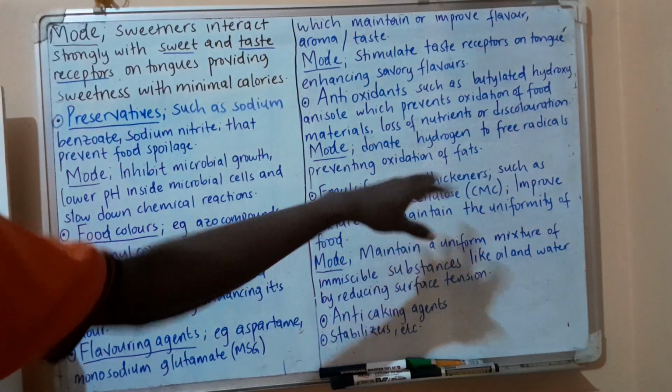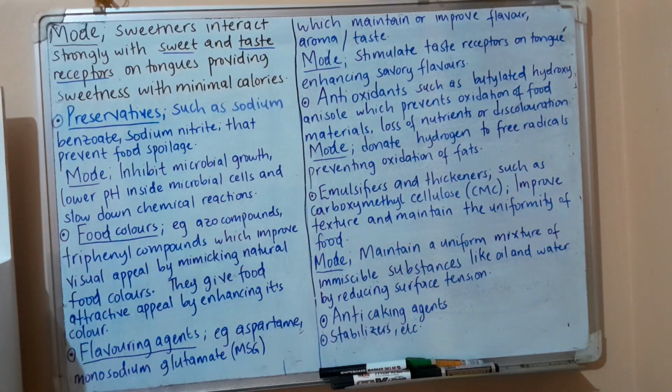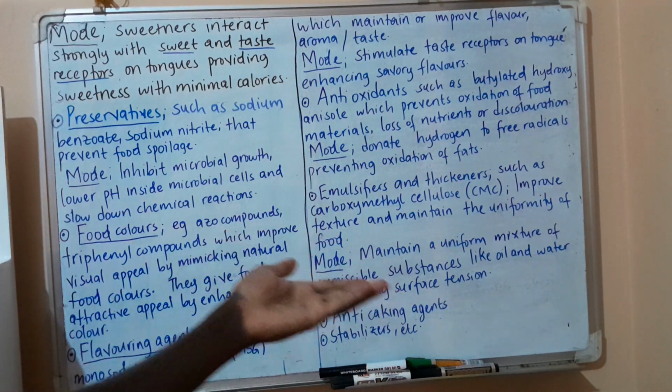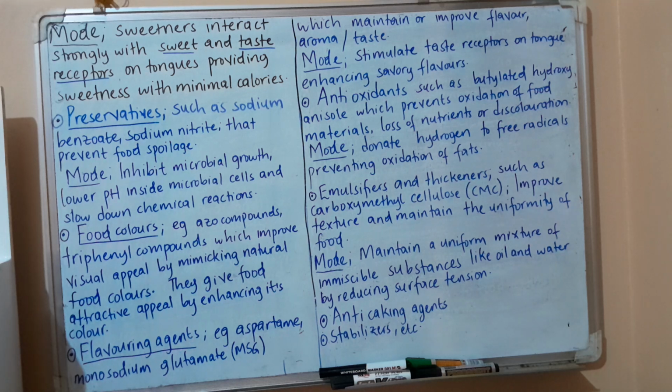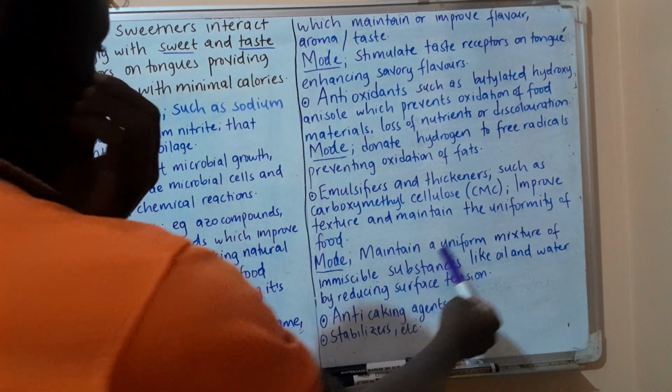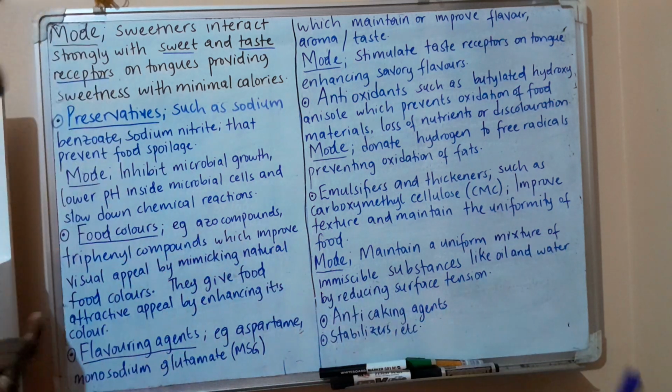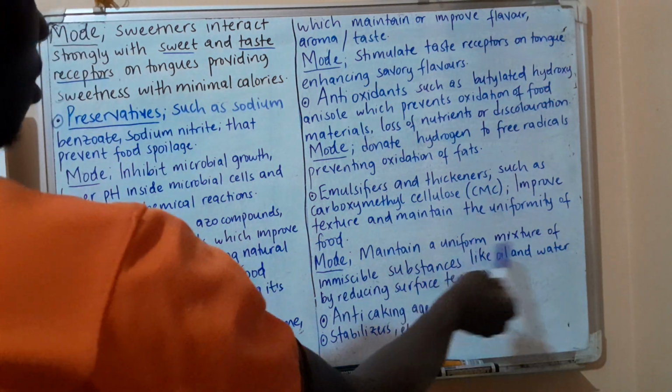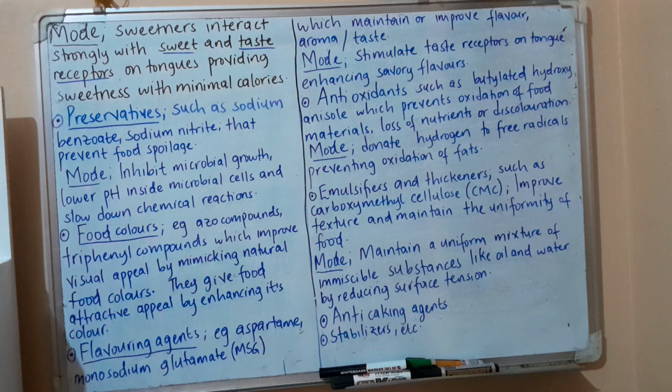Then we also have emulsifiers and thickeners such as CMC, carboxymethyl cellulose. They improve texture and maintain uniformity of food. Their mode of action is by lowering surface tension. They maintain a uniform mixture of immiscible substances, say oil and water, by reducing surface tension.